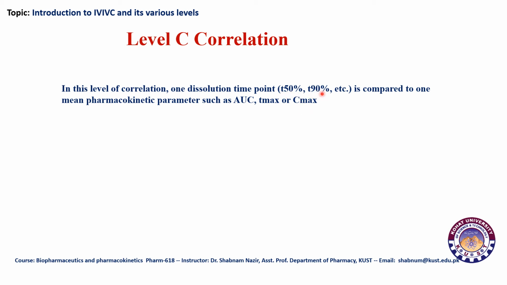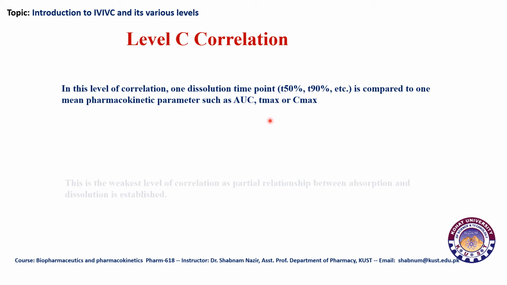This is showing the time point in respect to dissolution, the time point when 50% dissolution has completed, the time point when 90% dissolution has completed, and similarly it can go on. And then the various time points are compared with various parameters, like the area under the curve, or Tmax, or the Cmax, or the various concentrations of the drugs.